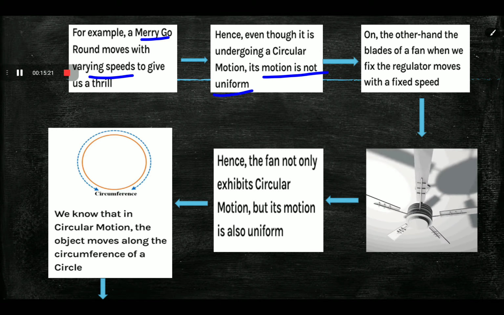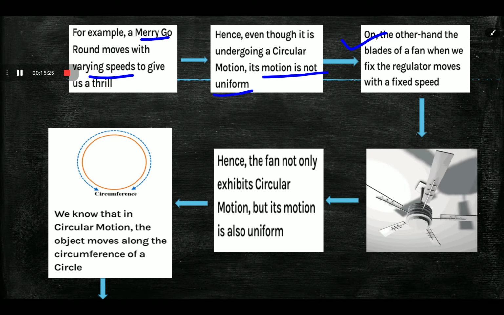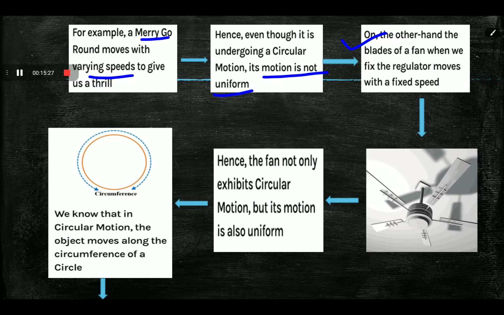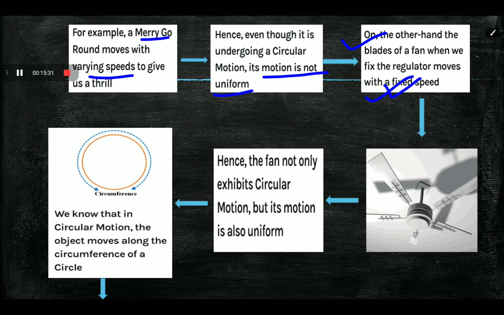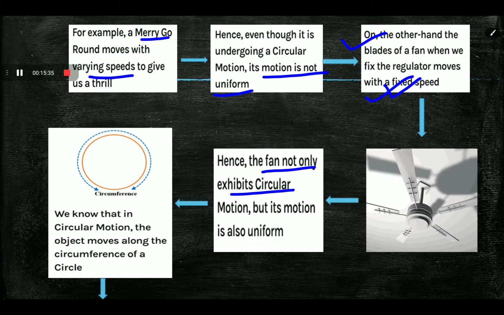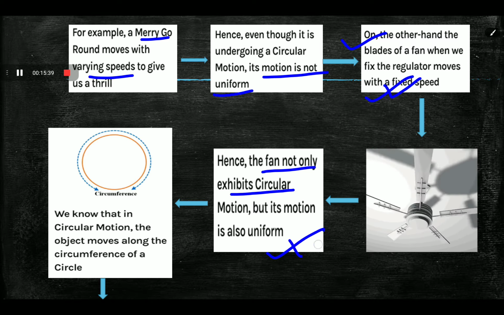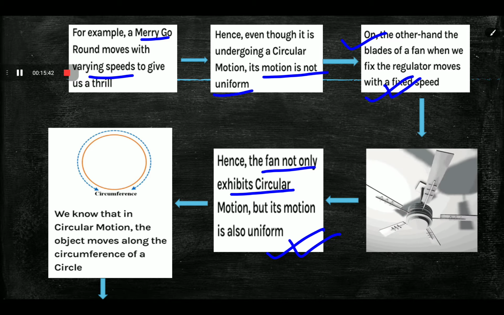But on the other hand, if we take the example of a blade of a fan, and when we fix the regulator, it moves with a fixed speed. Then in this case the fan not only exhibits circular motion, but its motion is also uniform because it is moving with constant speed.